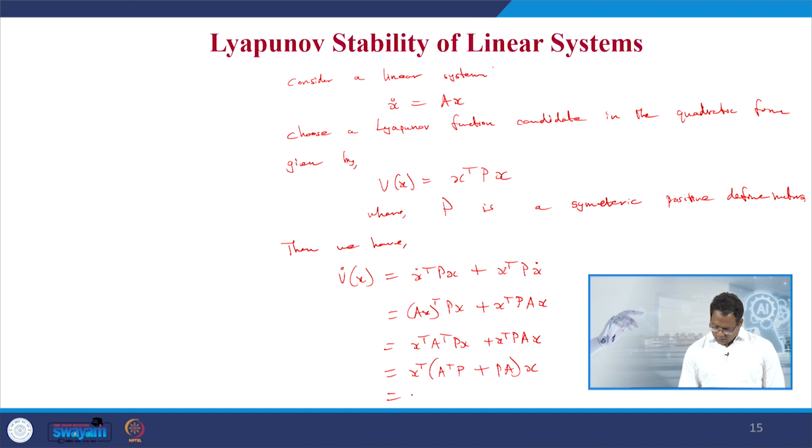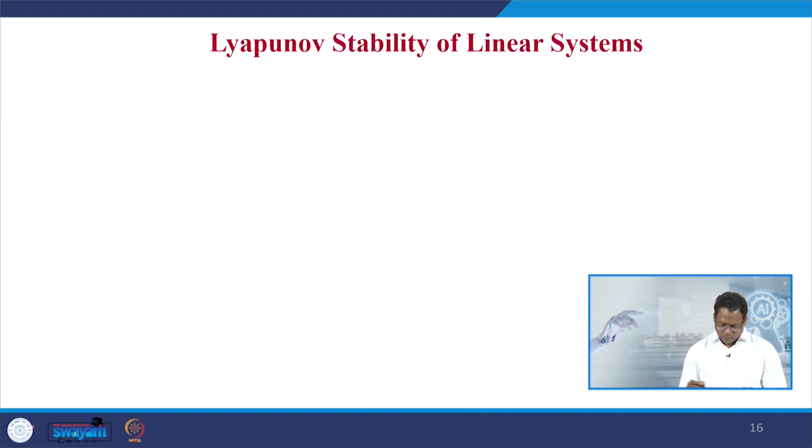So, that we can say that v dot of x equal to minus x transpose Q x. Let us have like this, where what I did, A transpose P plus P A, I have represented it as minus Q. Here A transpose P plus P A equal to minus Q as per the previous equation.